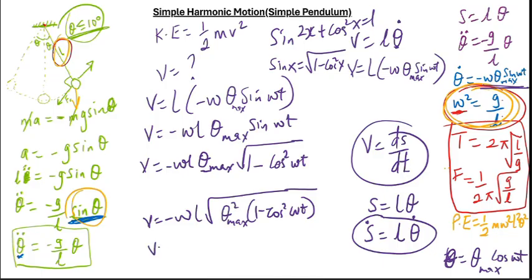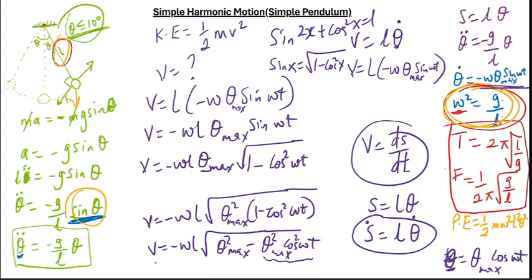If we open the bracket up, we have theta max squared minus theta max squared cos squared omega t. Replacing this with my theta, I will say V equals minus omega L square root of theta max squared minus theta squared. Then this is my velocity at any point.